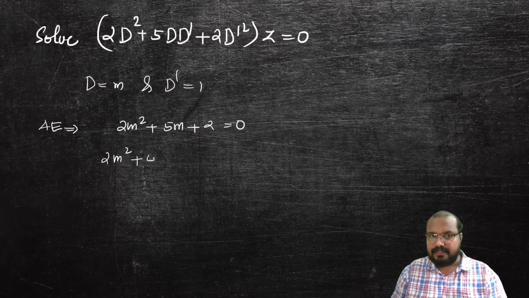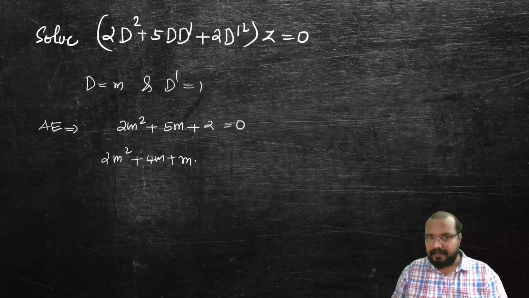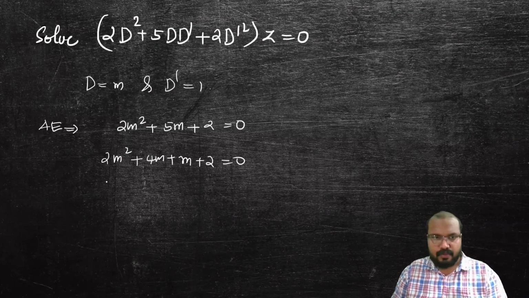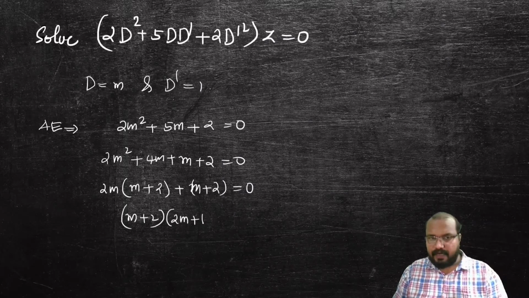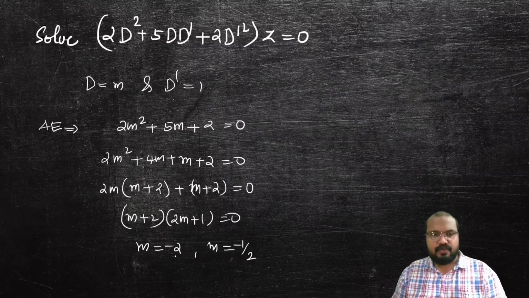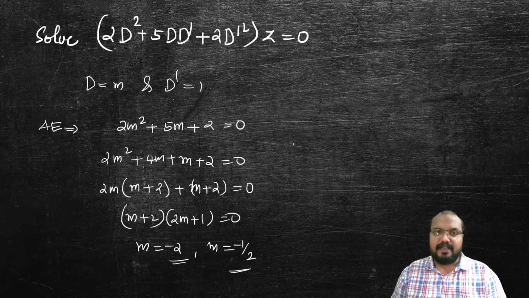2m square plus 4m plus m plus 2 equal to 0. We take 2m outside: 2m into (m plus 2) plus (m plus 2) equal to 0. Then (m plus 2) into (2m plus 1) equal to 0. Therefore m is equal to minus 2 and m is equal to minus 1 by 2. These are two distinct real roots.